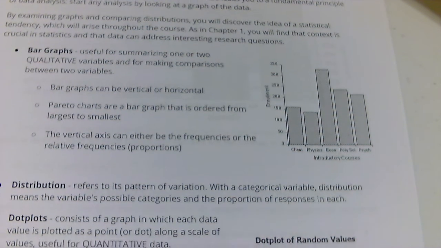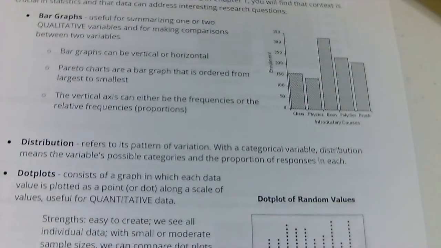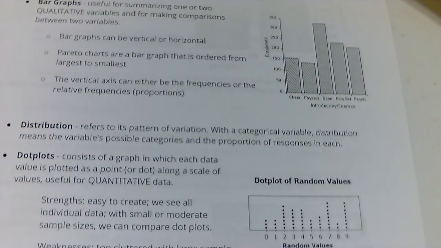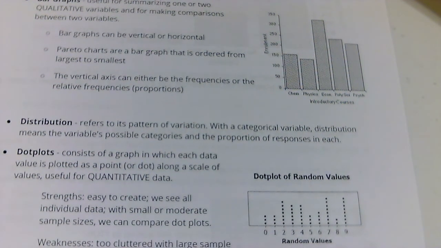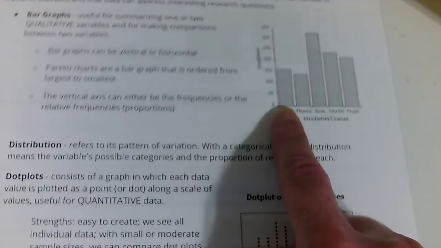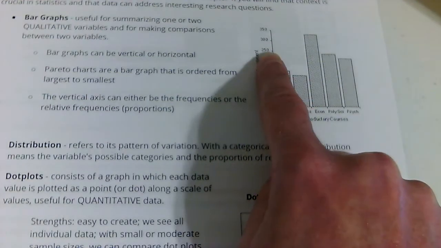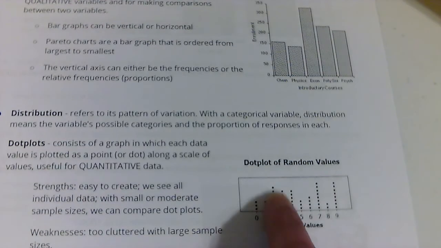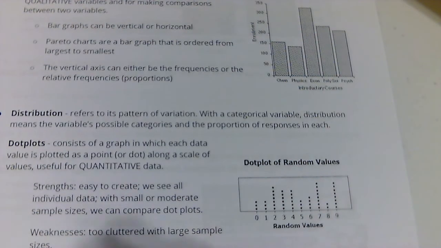Another way we can represent these is with a dot plot. And that's just where we put a dot for each count for a certain category. Now, it's easy to create a dot plot if we have a small sample size. But if we were talking about enrollment in courses and we're talking about hundreds of students enrolled in a course, I would not want to put hundreds of dots in a dot plot.